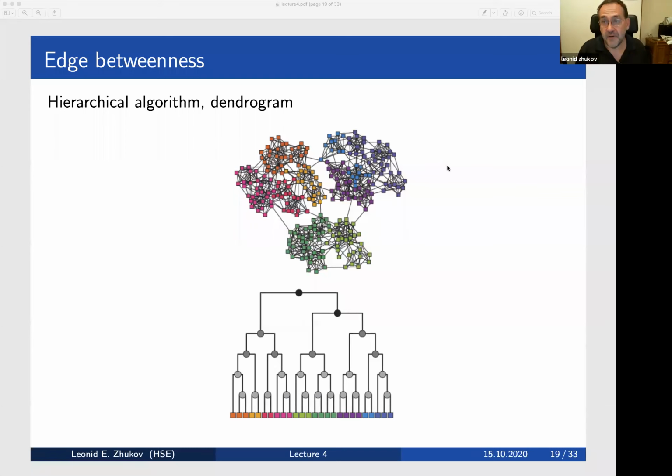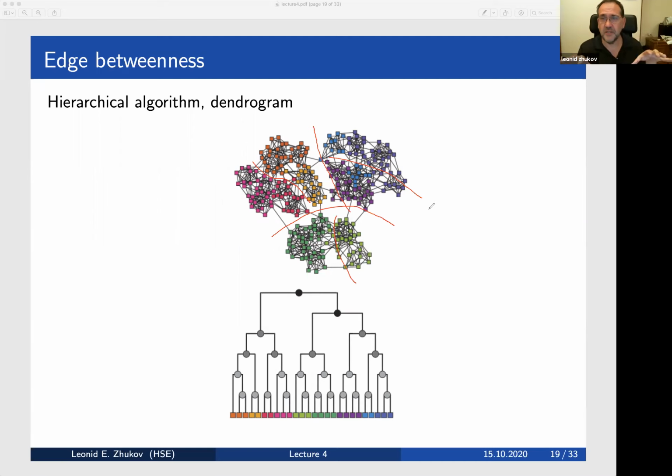Now, as I said, it can be done hierarchically. So we remove edges, let's say we split this, you cut out this, then you cut out this, then you can probably slice it here, and then maybe here, and then somehow here. And since you do it on every level, you can actually get a hierarchy of groups, right?